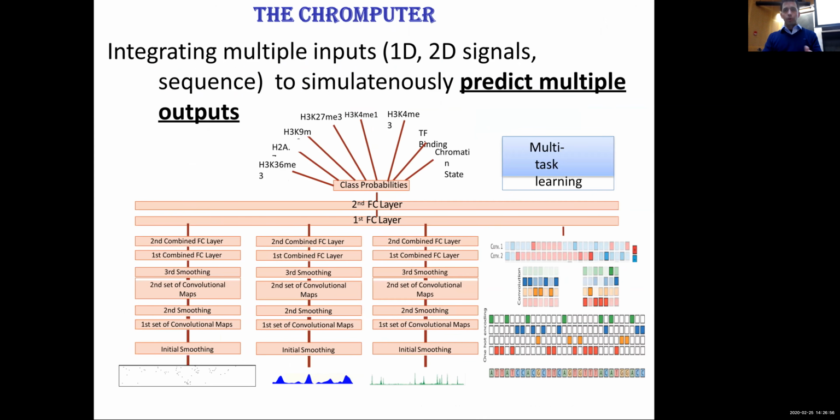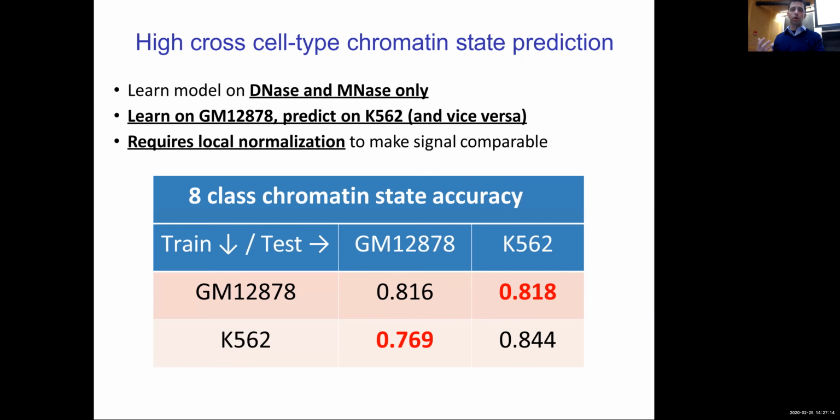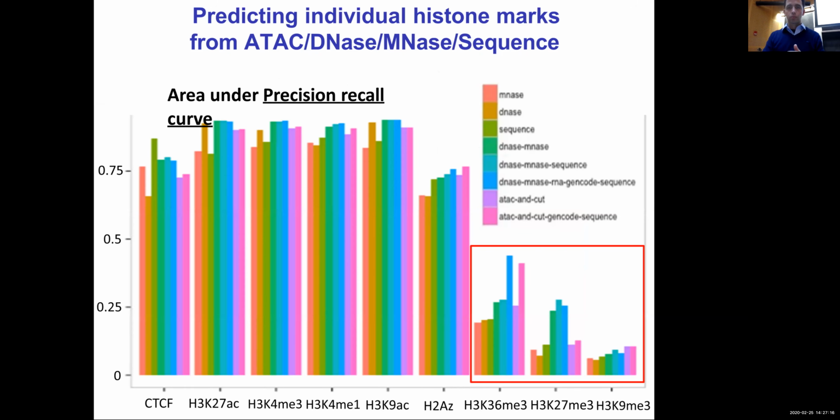So that's what I want to leave you with. You can have much more complex architectures. You don't have to just have sequence as input. You could also have information about DNA accessibility, about smoothing, about the actual conservation, and so on and so forth, and then you can achieve very good performance there.